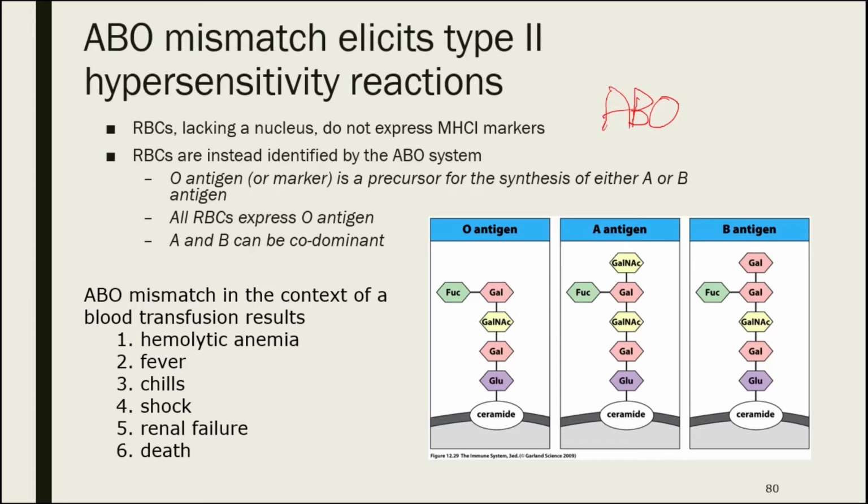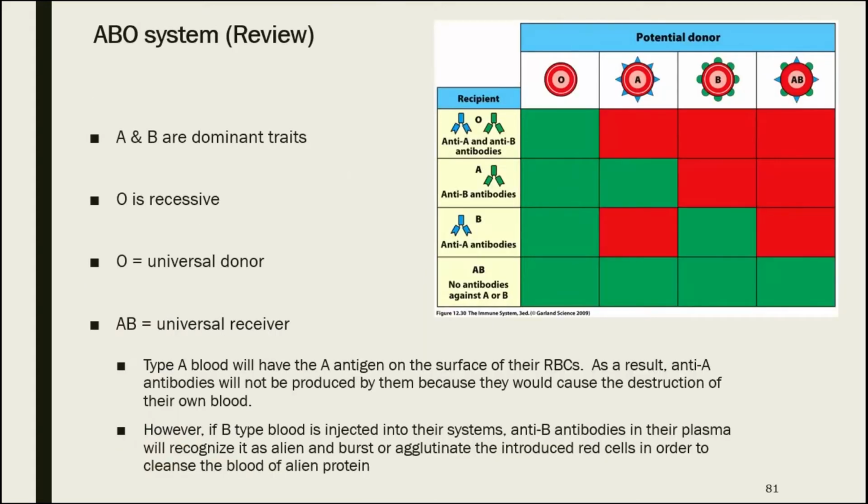If you have a mismatch of the ABO blood type, these are some of the listed symptoms that can be displayed by the patient: anemia, fever, chills, shock, renal failure, and the worst case is death. There is this dominant and recessive system, so I won't go through it again. I think by this time it's a pretty straightforward concept.